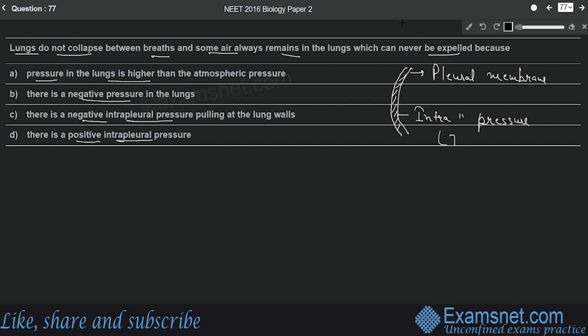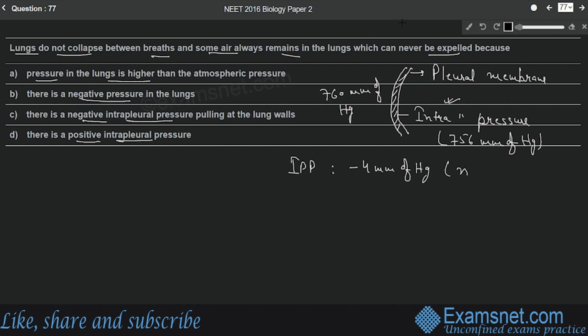And this is about 756 mm of Hg, whereas the atmospheric pressure is 760 mm of Hg. So we can say that this intrapleural pressure is less than the atmospheric pressure, and by what amount? By 4 mm of Hg. So intrapleural pressure is considered as minus 4 mm of Hg because we are comparing it with the atmospheric pressure, right?